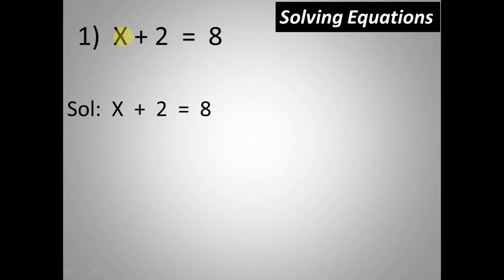In the solution, x plus 2 equals 8. Then we take plus 2 and write it on the other side, after the equal sign, and change it from plus 2 to minus 2.